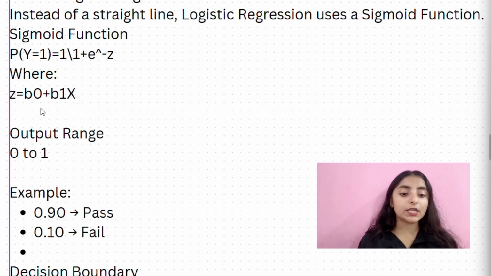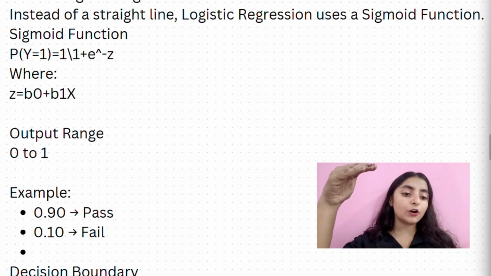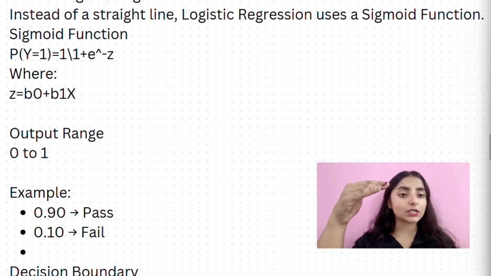Now we'll see logistic regression versus linear regression. Linear regression predicts numbers, and logistic regression predicts categories. The output of linear regression is continuous, and the output of logistic regression is discrete.